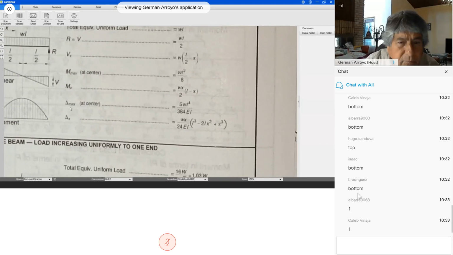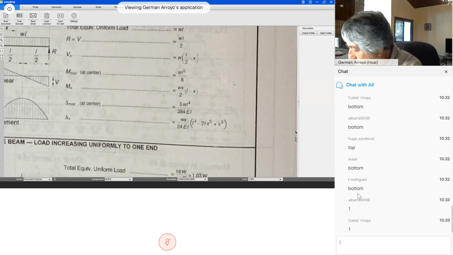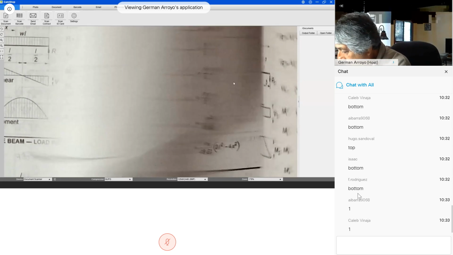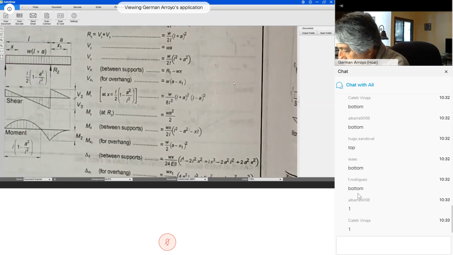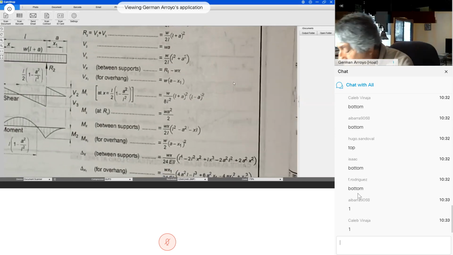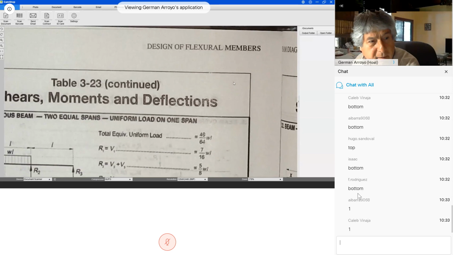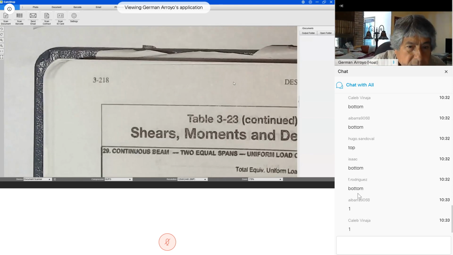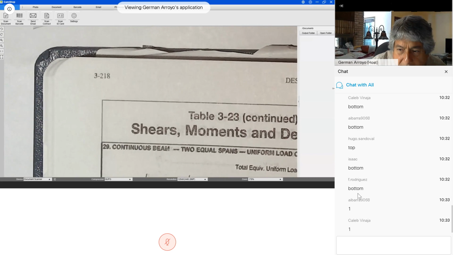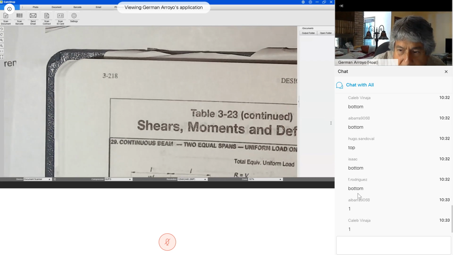So this is for determinate structures, and also, look, go to page 3-18. Chapter 3, page 218.